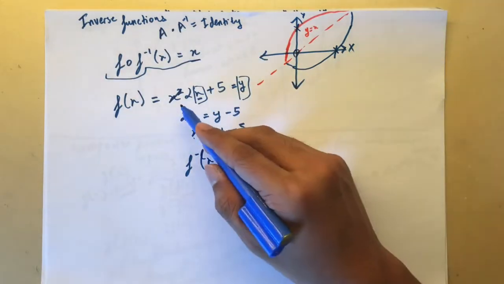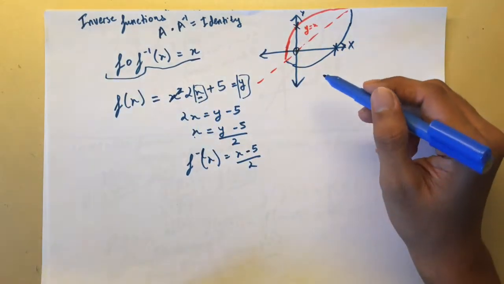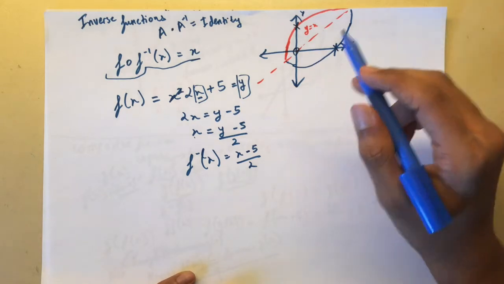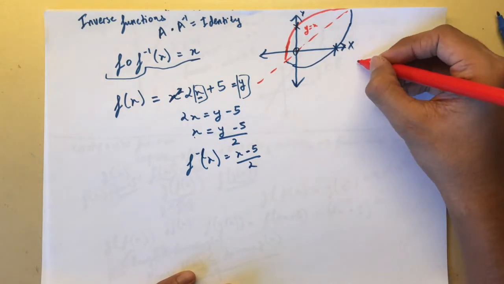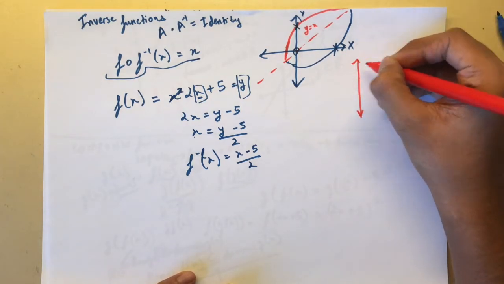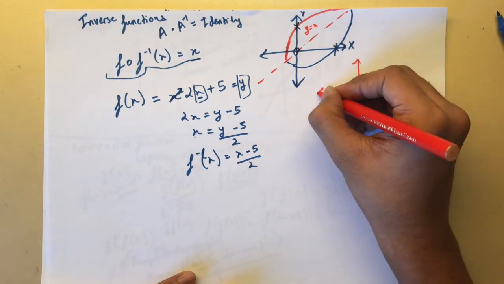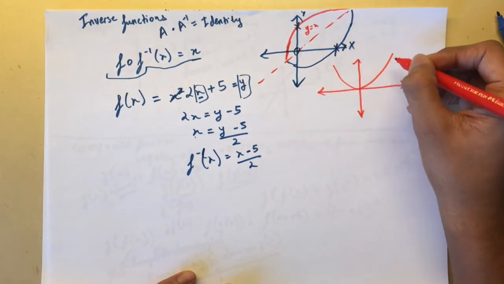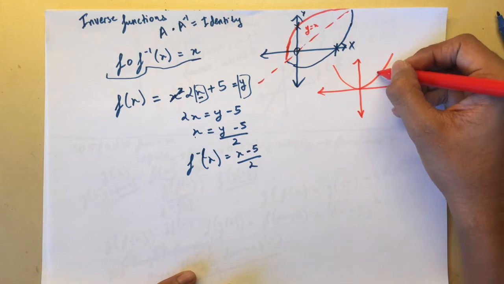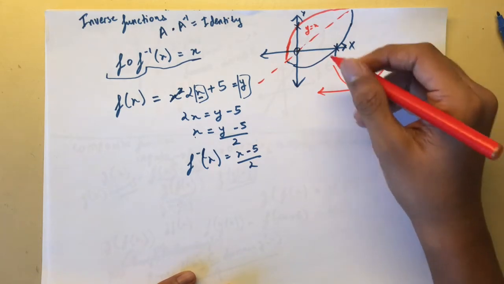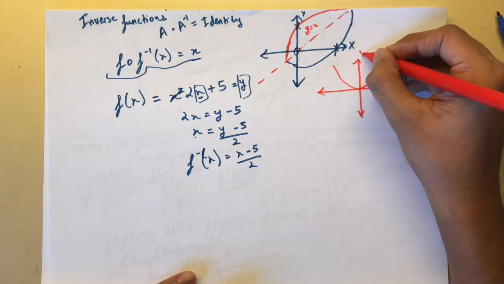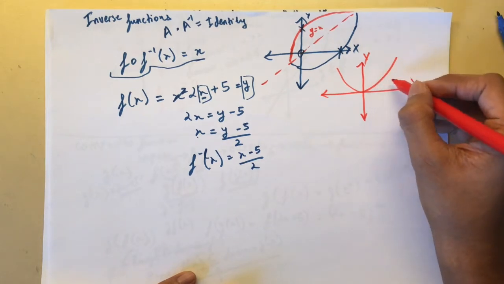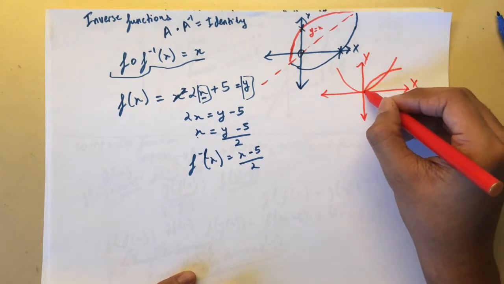Now, as you saw initially, I didn't take x squared, and the reason is that we can have an inverse only for a one-to-one function. Obviously, if I had something like x squared, which would be a parabola, and I had to replace the x's and the y's, as I said we do in an inverse function, I would get something like this.